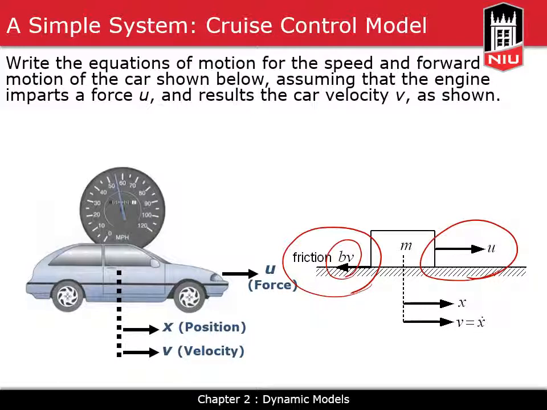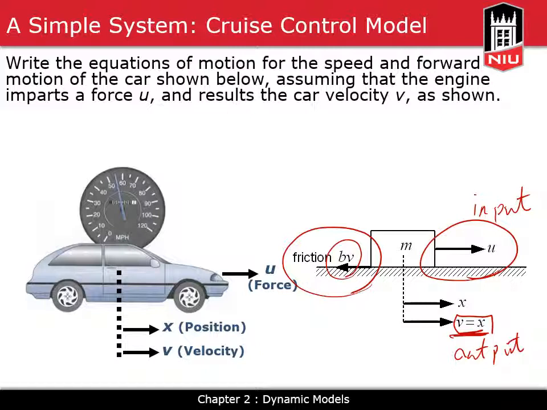Here we're going to pick the velocity as the output. So this velocity v is going to be our output. What we want to do is to find an equation that relates the input u to the output v.